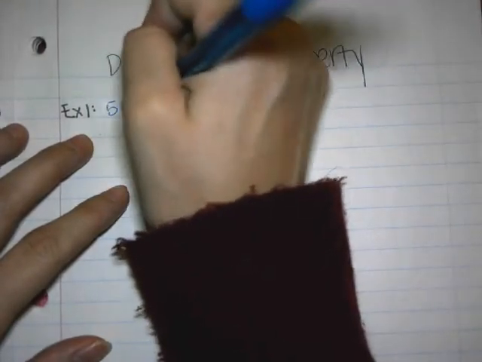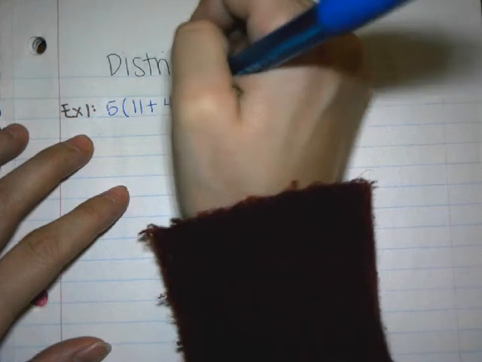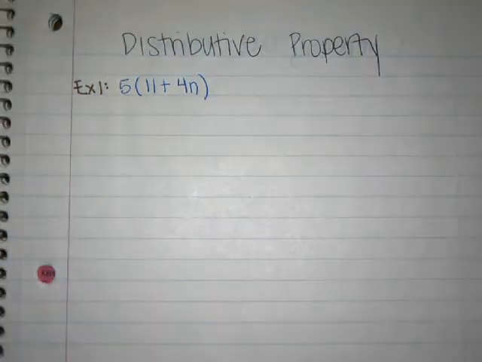This is more where the bulk of our notes is going to come from for the distributive property. So example 1. Okay, I could give you something that looks like this: 5 parentheses 11 plus 4n close parentheses.